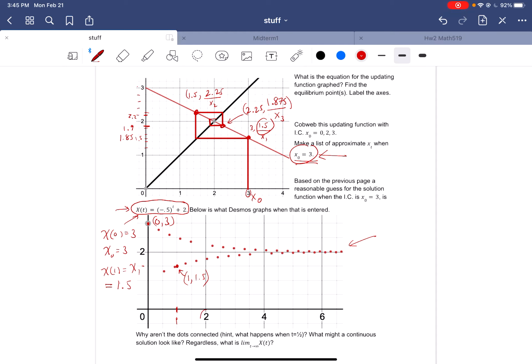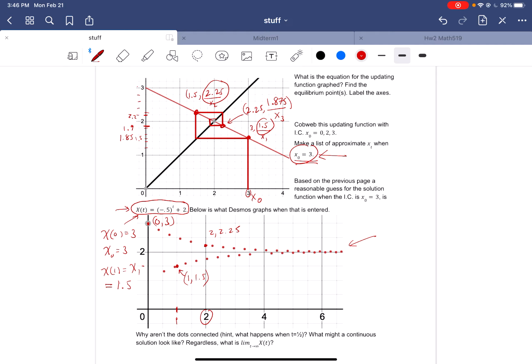And we can check, let's check for 2. So 2, we got 2.25. So it looks like that would be up here. Let's see, right about there. Okay, which again, it fits this weird cone thing. And so here's 2, 2.25.